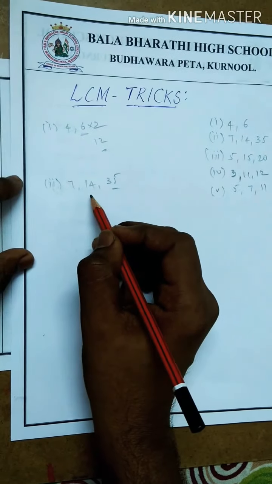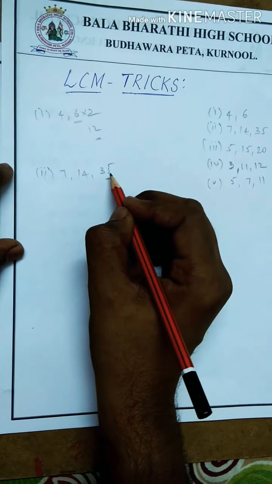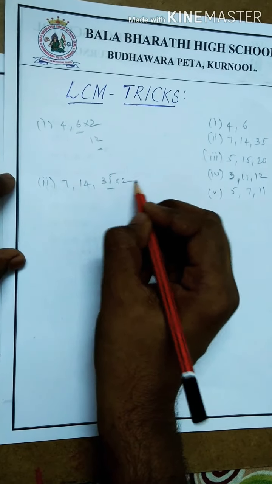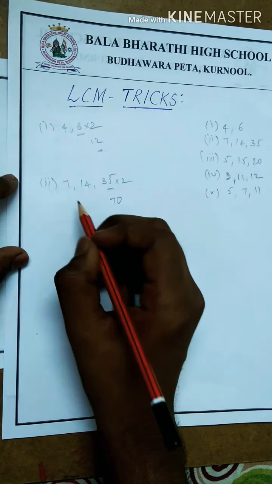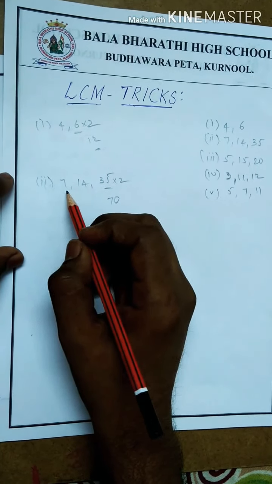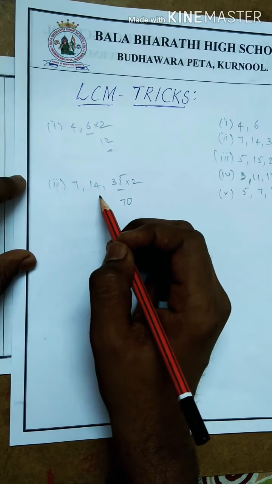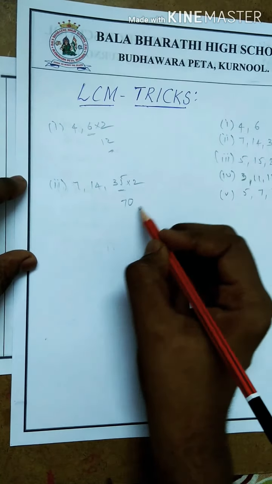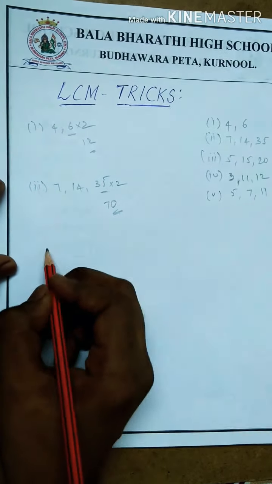Can 35 be divided by 14? No. Then what you need to do? Just multiply the highest number with 2. 35 2s are 70. Can 70 be divided by 7? Yes. 7 10s are 70. Can 70 be divided by 14? Yes. 14 5s are 70. Therefore 70 is the LCM of 7, 14, 35.